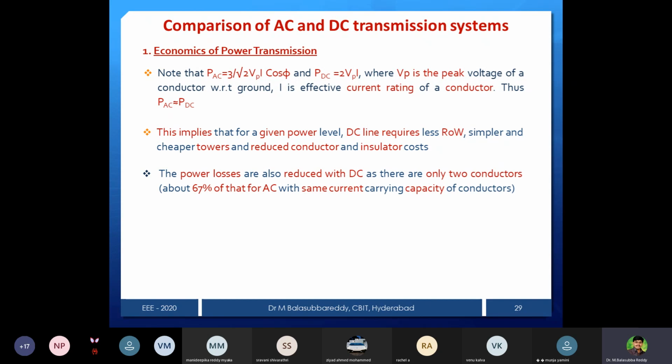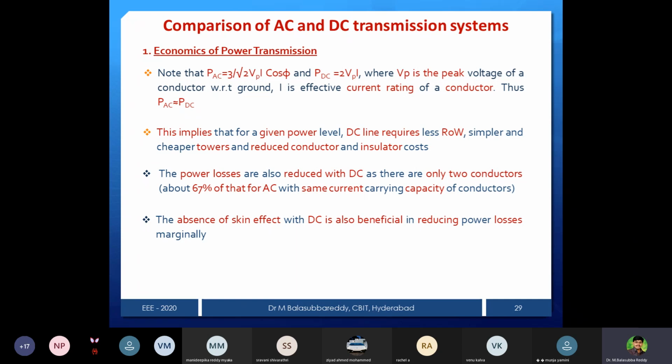With only two conductors, you can see that the loss is about 65% of that of AC with the same current carrying capacity of the conductor. So that much benefit will be there. The absence of skin effect in DC also helps in reducing the power losses marginally, whereas in the AC case, due to skin effect, some losses will be there.